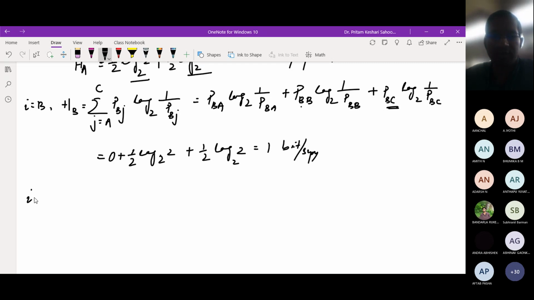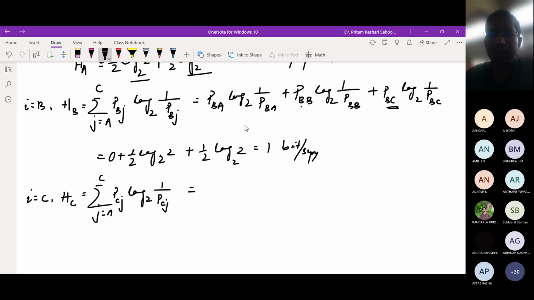Similarly, for the final value of I, that will be C, we will calculate the average information for state C, that is equal to j equal to A to C, probability of Cj log base 2, 1 divided by probability of Cj.